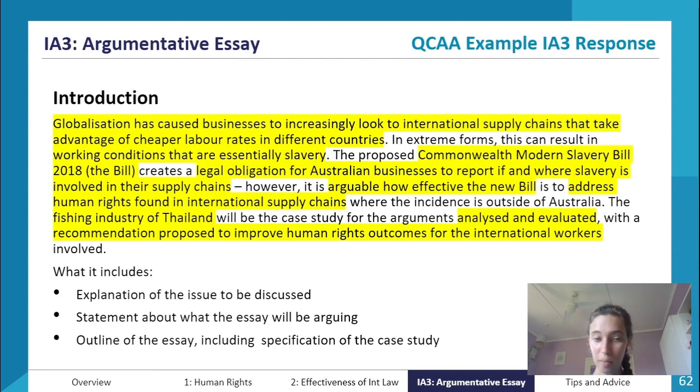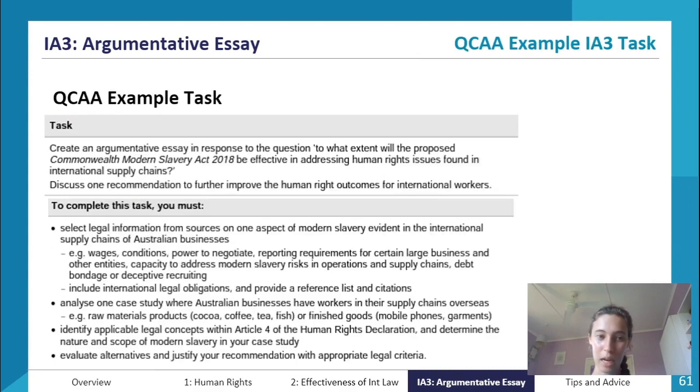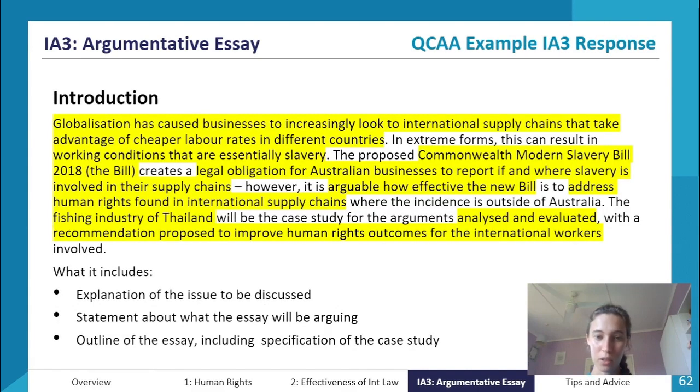In this case, I've done my own highlighting, and you can see that there is a lot of it. This is the introduction from the QCAA example of this response. And it's responding to that example that we just looked at here, the Modern Slavery Act. So what it includes: explanation of the issue to be discussed, giving some context.